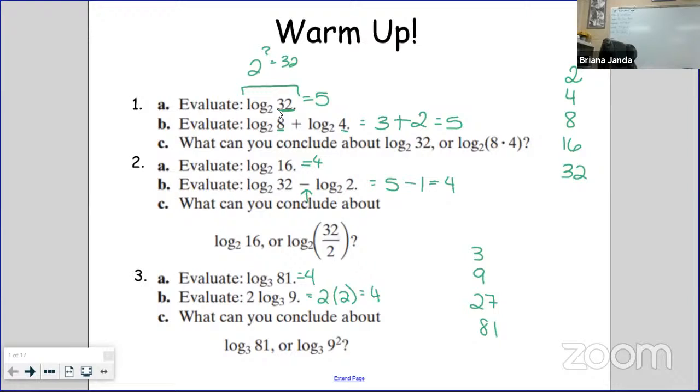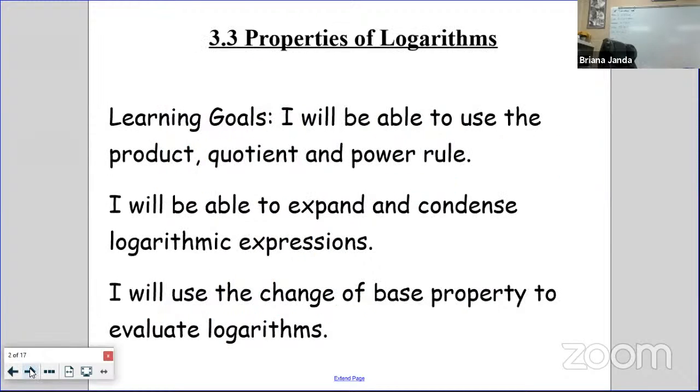Well, what's the relationship? 81 is 9 squared, but see where that 2 ended up. That's called the power property, which we're going to see in just a minute. It ends up giving us the same answer and can allow us to work with some smaller numbers as we head towards solving.